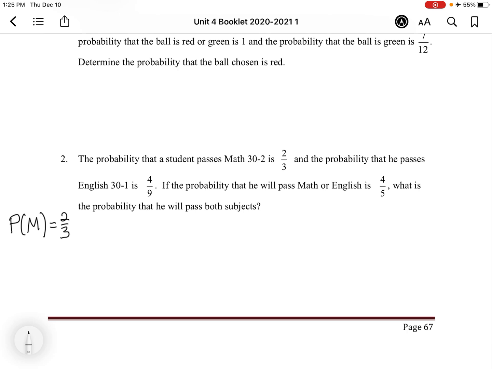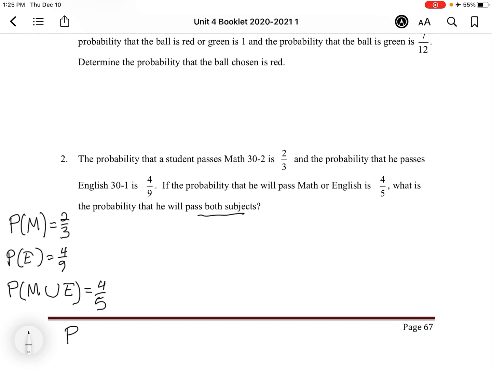And the probability that he passes English 30-1 is 4/9. So passing English is 4/9. If the probability that he will pass math or English is 4/5, what's the probability that he will pass both subjects?